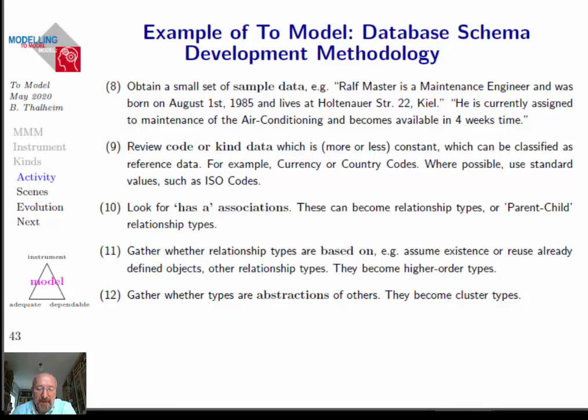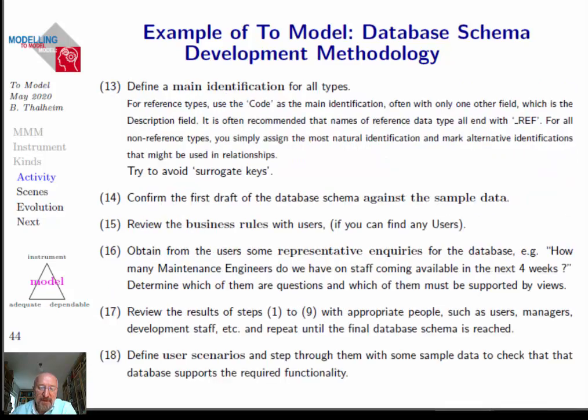We might gather the relationship types. They are based maybe on something. We gather whether the types are abstractions of others. So in this case we can have some kind of cluster representation. We go furthermore with defining the main identification for all objects, for all types.